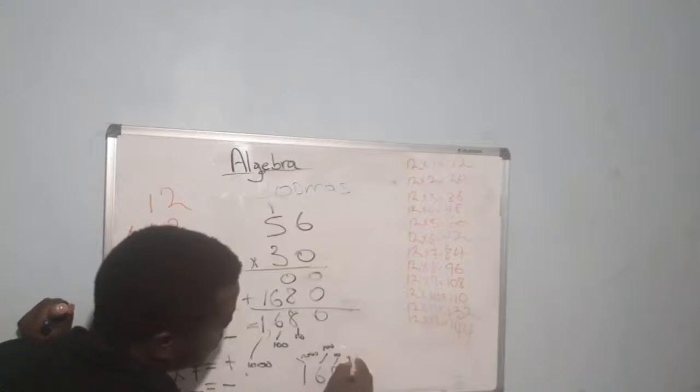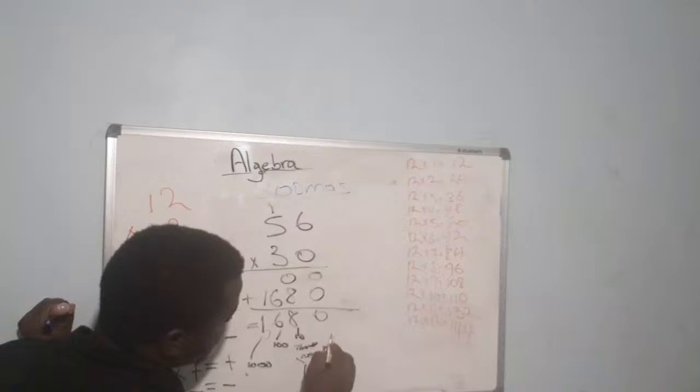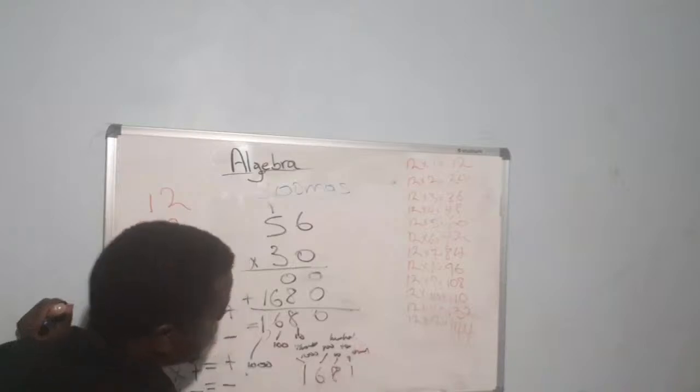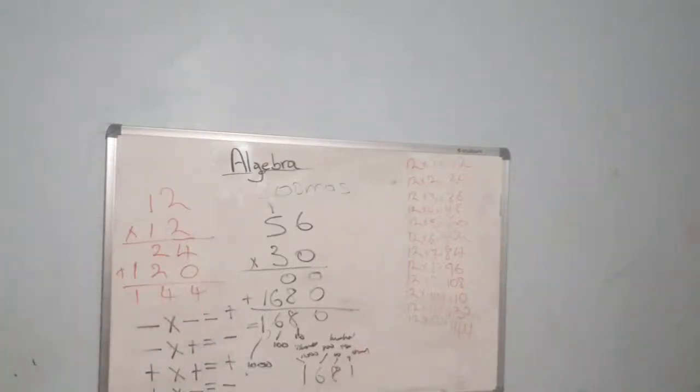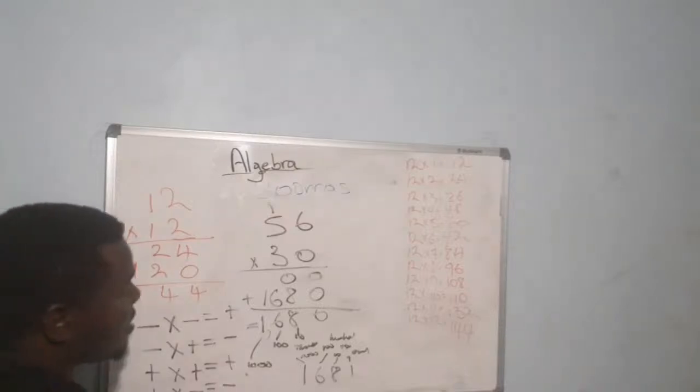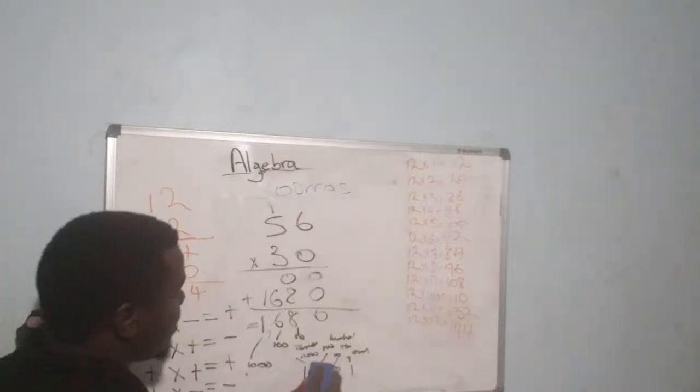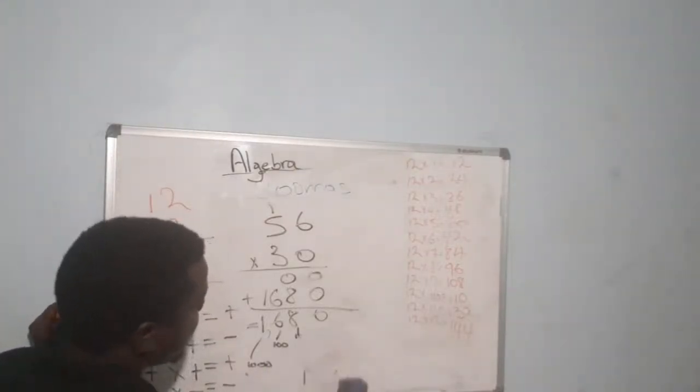Alright, 100, tens, ones. So the whole concept of tens and ones, hundreds, thousands, tens and ones, that's basically what they say. Alright?